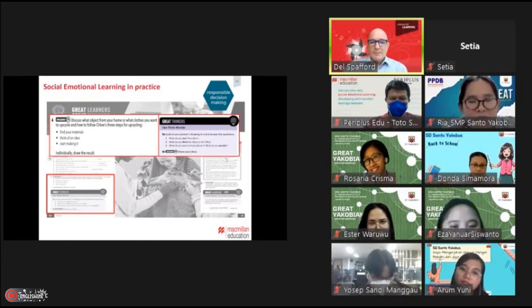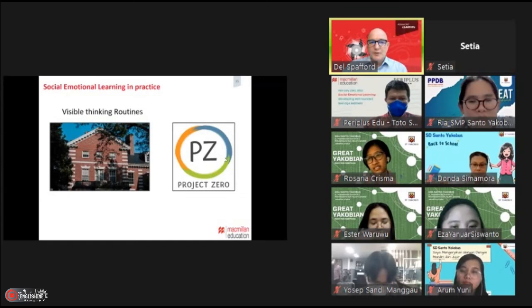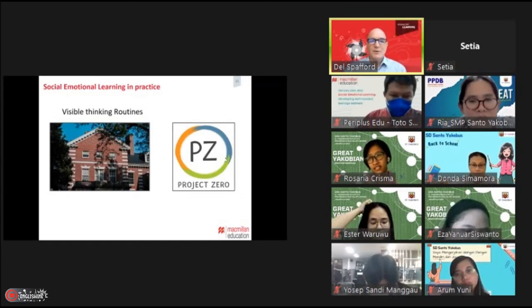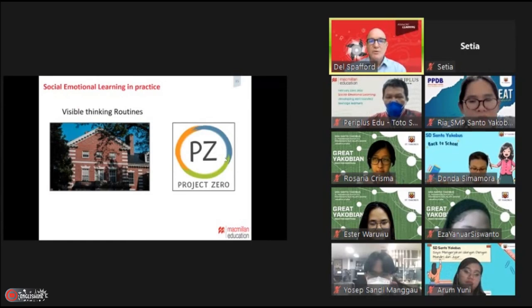Just a little recap of what visible thinking routines are. It's a very simple concept. Sets of questions or sequences of steps which get students thinking about a topic while providing them with opportunities to speak, work together, and share their ideas.